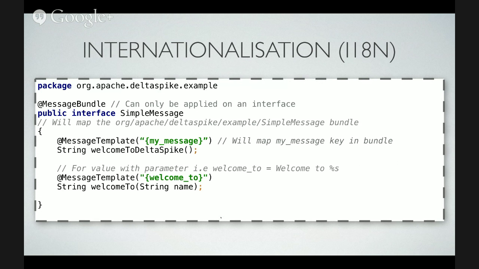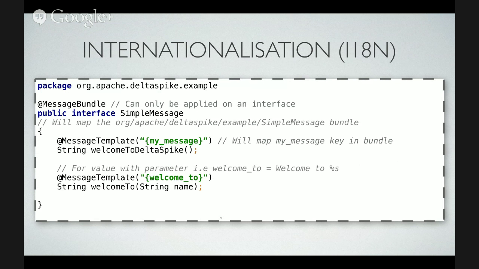So here we've got a simple message interface in the package org.apache.deltaspike.example. The system will look for org/apache/deltaspike/example/SimpleMessageBundle, so the SimpleMessage.properties, SimpleMessage_en.properties, etc.